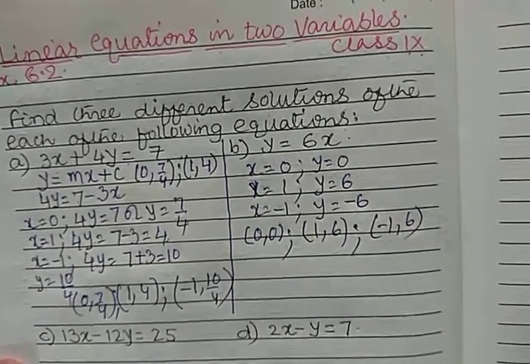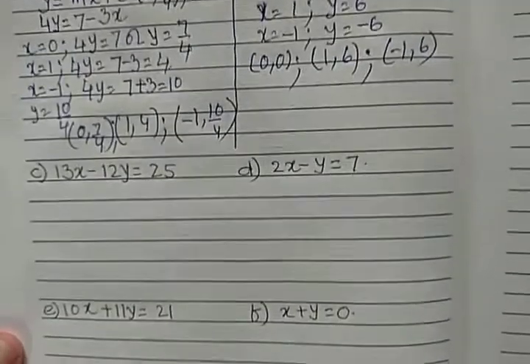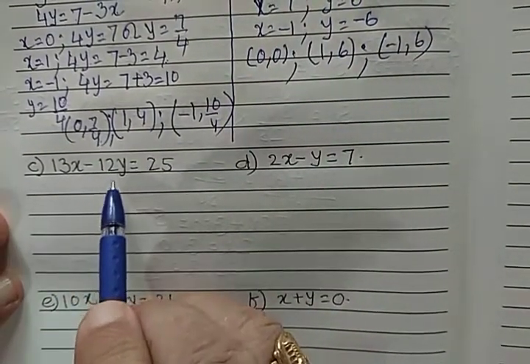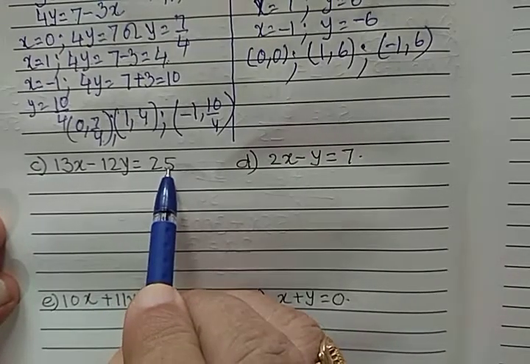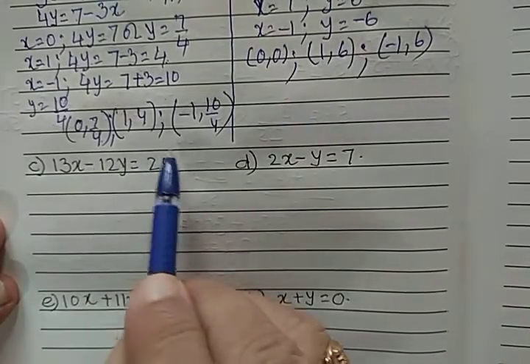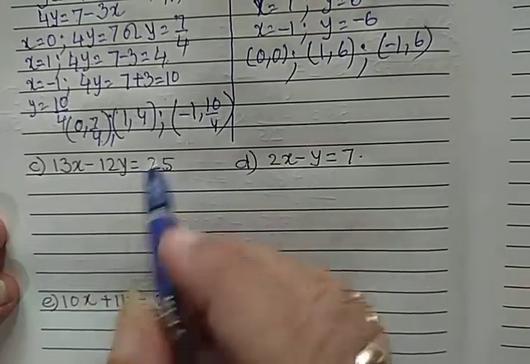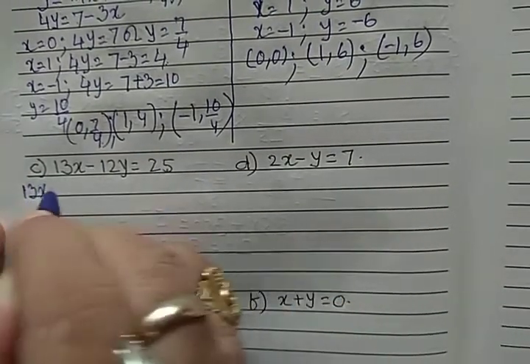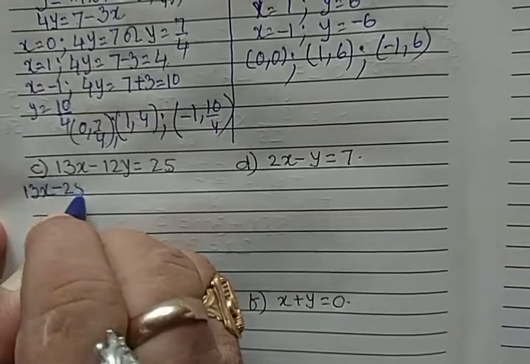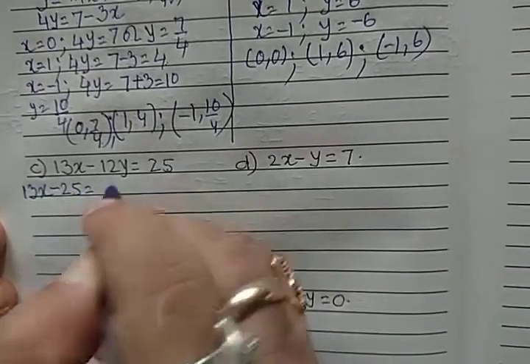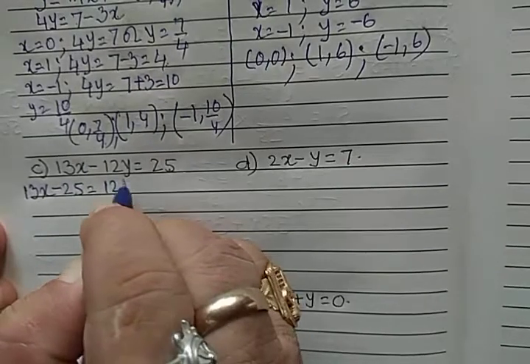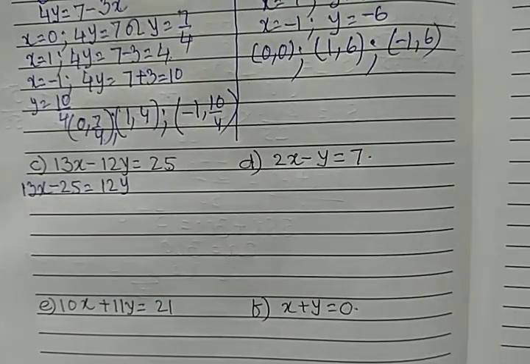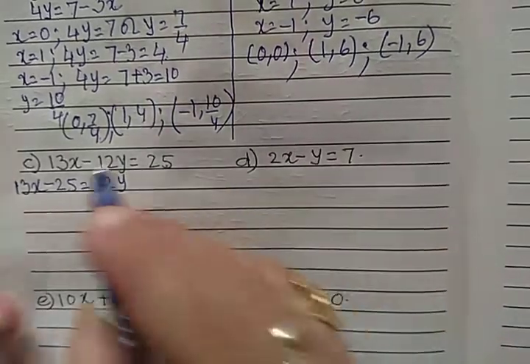Clear? So now let us do one more example. 13x minus 12y is equal to 25. Let us take 12y to the other side and bring this 25 to this side. Then what happens? 13x minus 25 is equal to 12y. Clear? So now first let us take x is equal to 0.